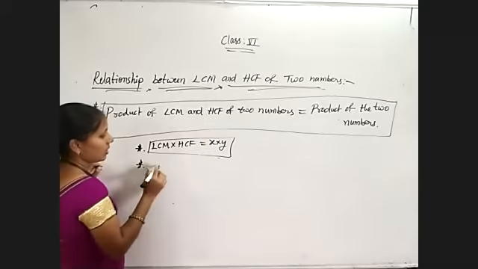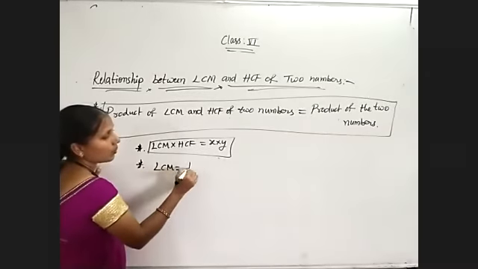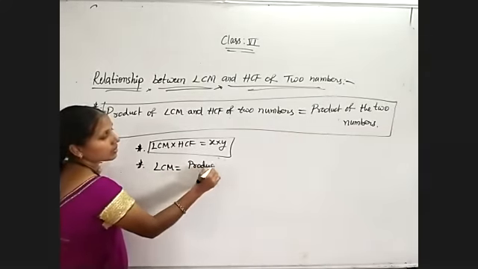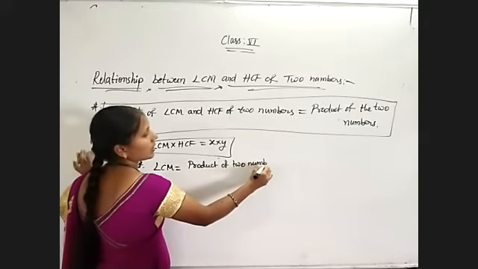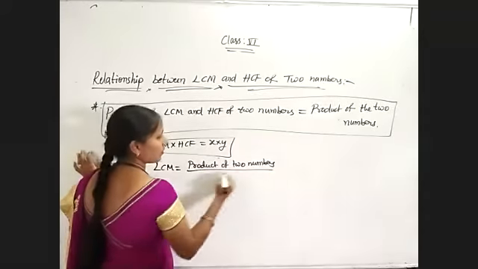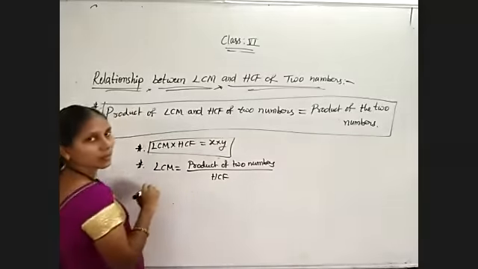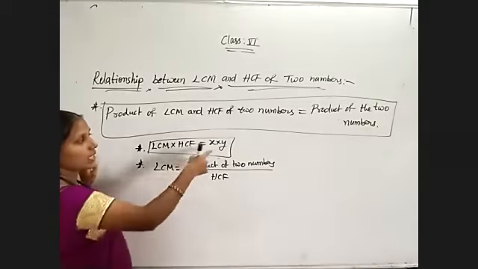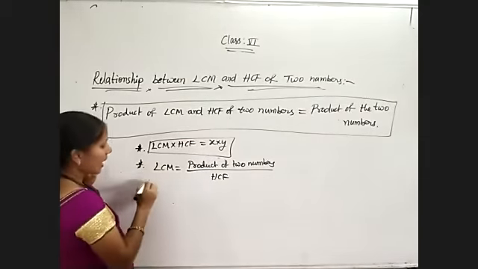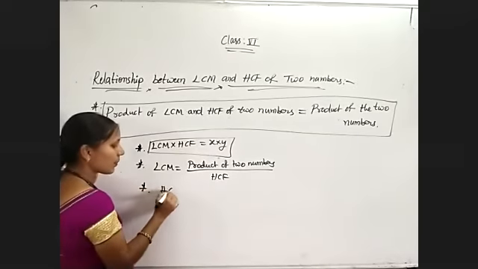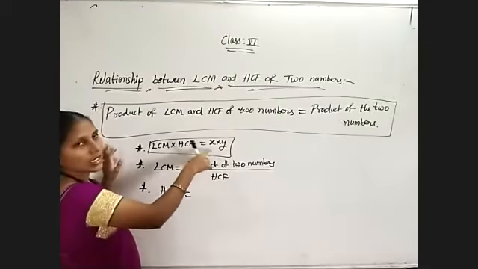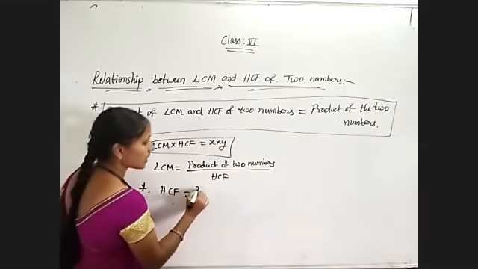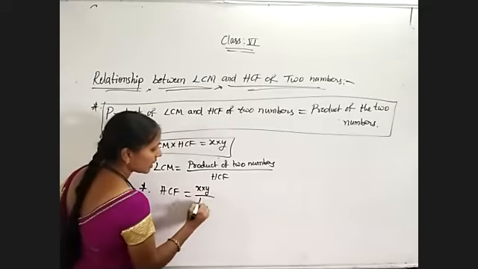So LCM is equal to product of two numbers by HCF, that is nothing but x into y by HCF. And HCF also same thing. So to find out HCF, compulsory they will give LCM and product of the numbers. That is HCF is equal to x into y by LCM.